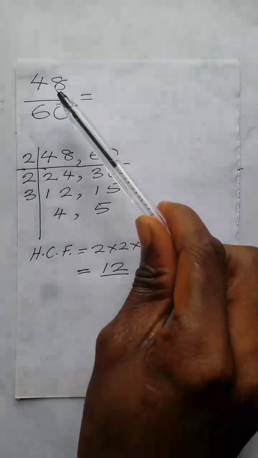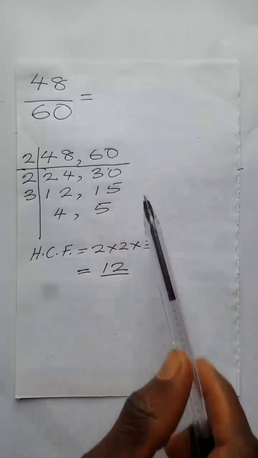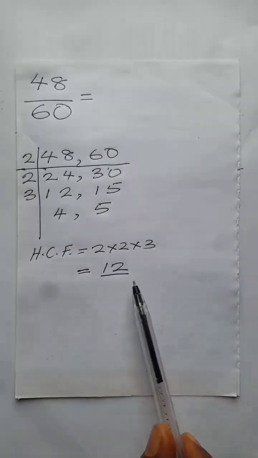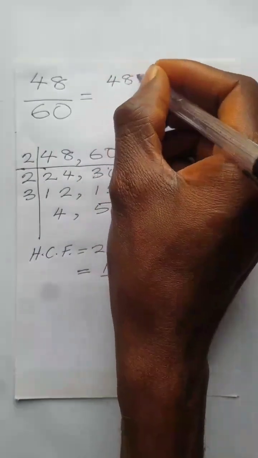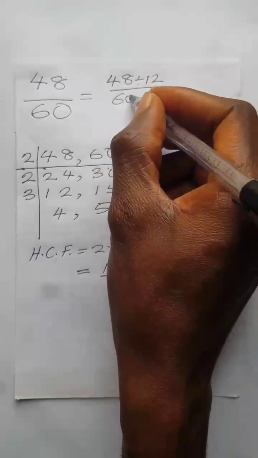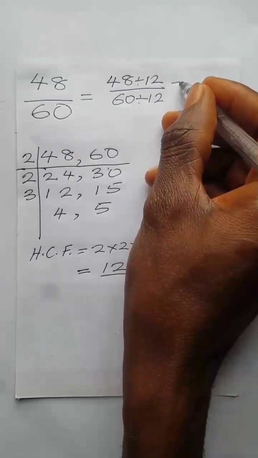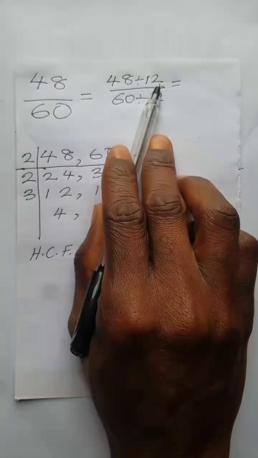So instead of picking 2 first to divide, and then 2 again, and then 3 to divide like we did in the first method, we are simply going to use 12 at once to divide 48 and 60. So 48 divided by 12 is what?